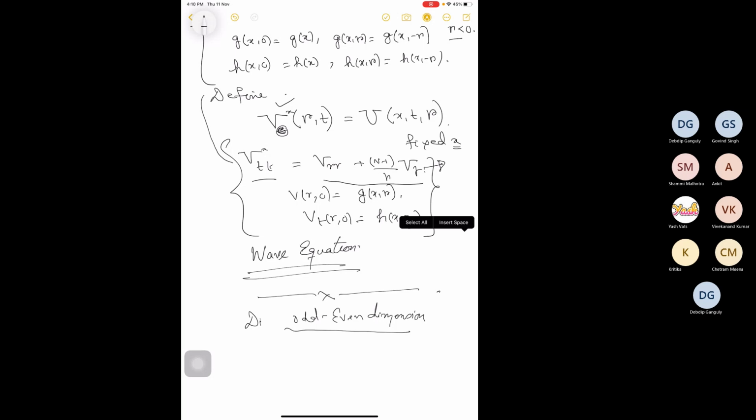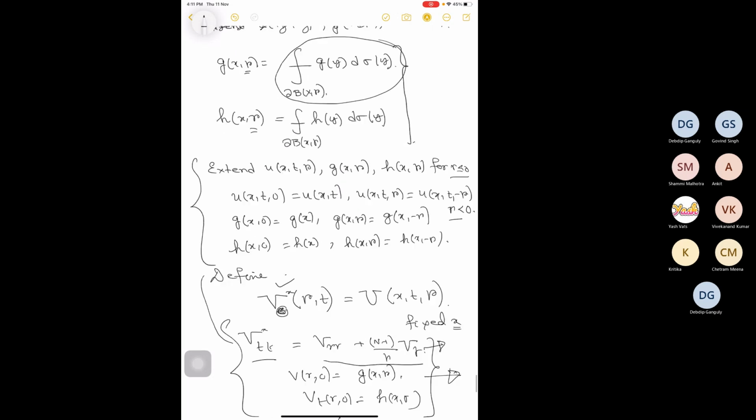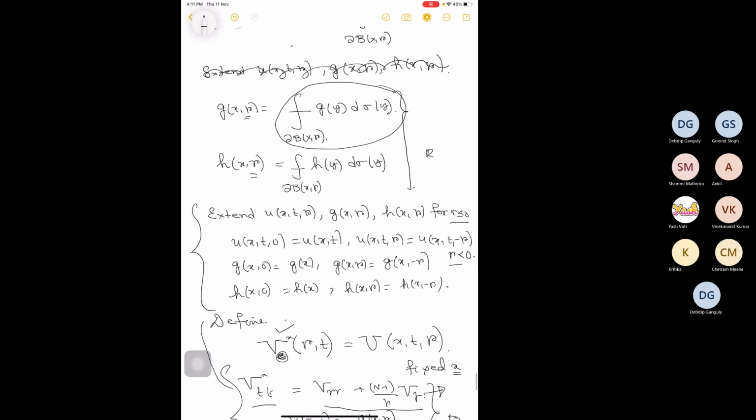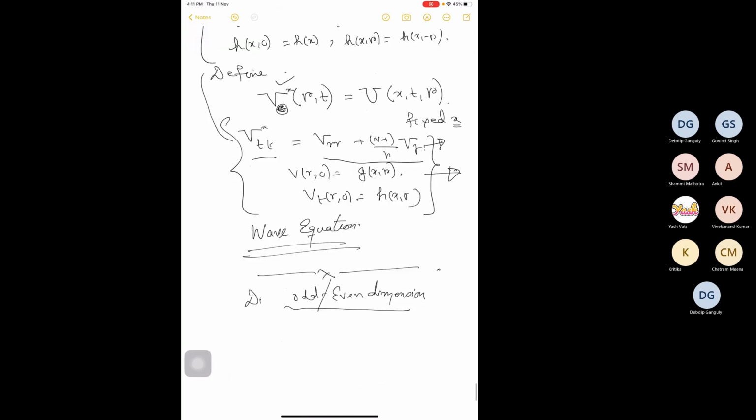The solution looks different in odd dimension, and in even dimension, the solution looks different. So odd and even dimension come into play when I am solving for Rn for n greater than or equal to 2. The closed form solution is different for even, and for odd the closed form solution is also different.